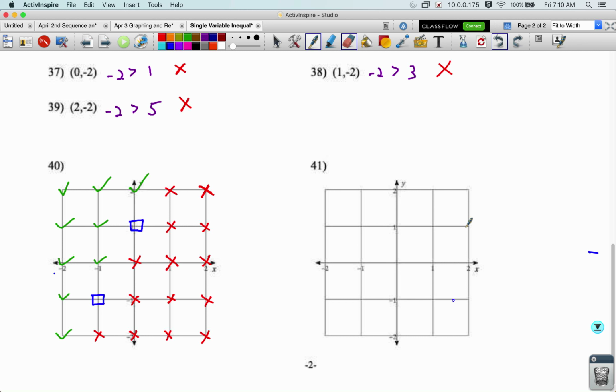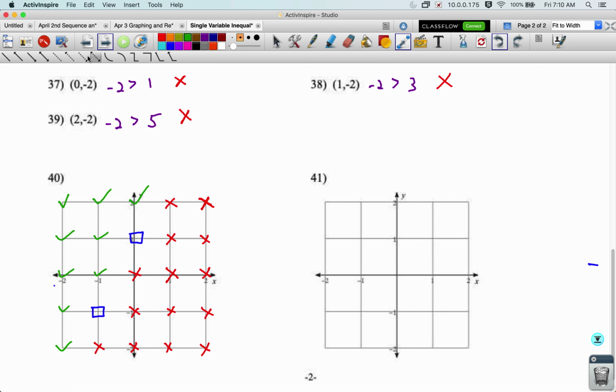Okay, now we're going to redo this graph over here, by connecting these 2 points that are right on the line with a dotted line. The dotted line shows that they're not included as solutions, but they're right on the boundary.